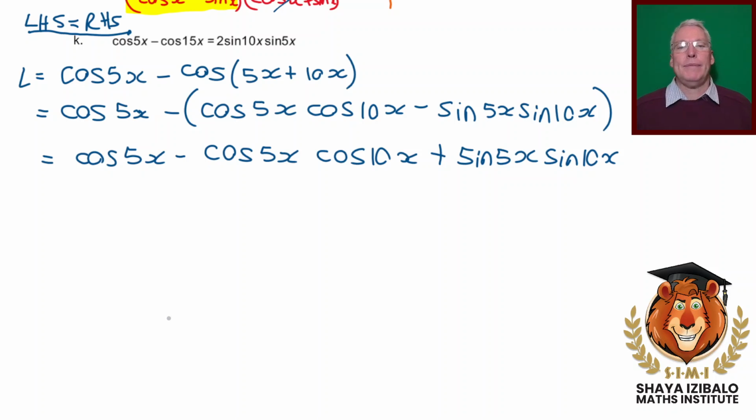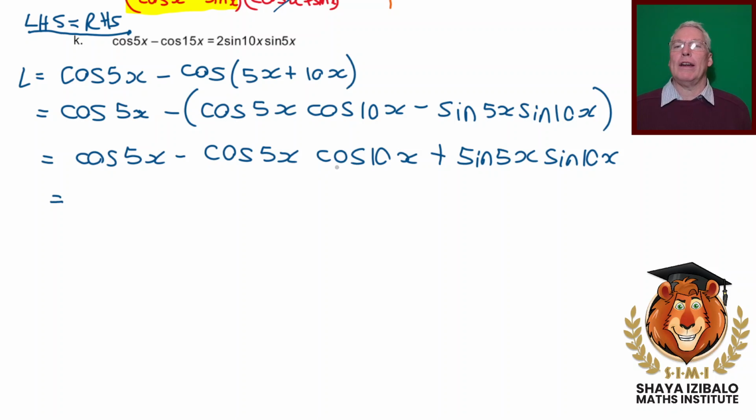Now it's looking a little bit terrifying, but cos 5x minus cos 5x cos 10x, we could maybe, yeah, let's see what we might be able to do here. It's looking a bit intimidating, I would agree.